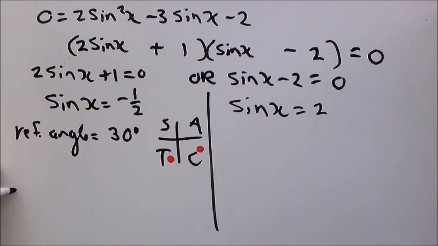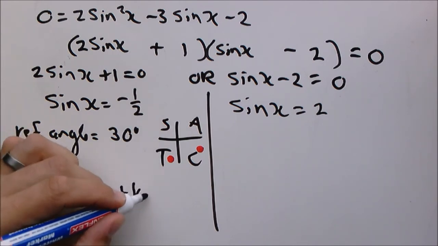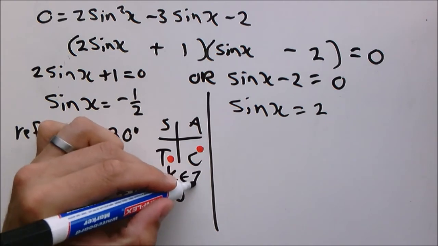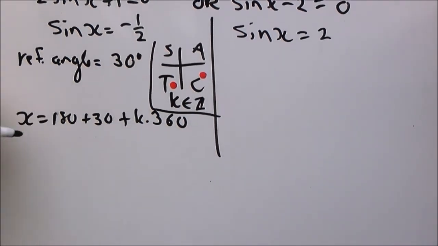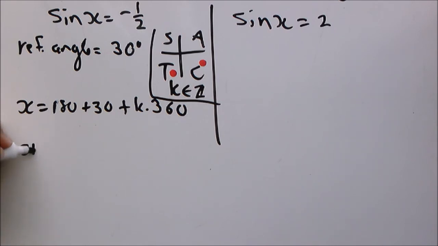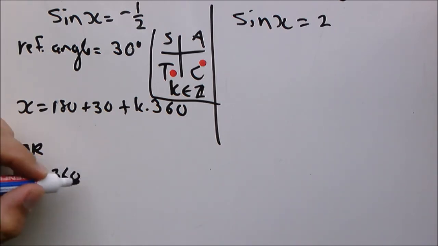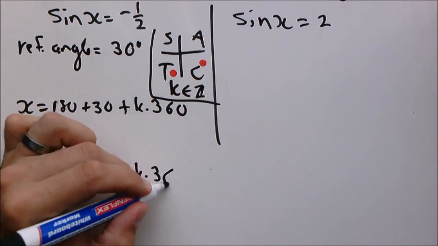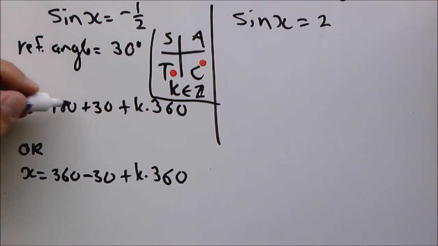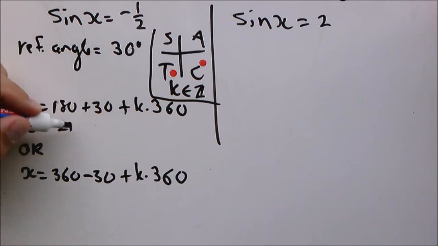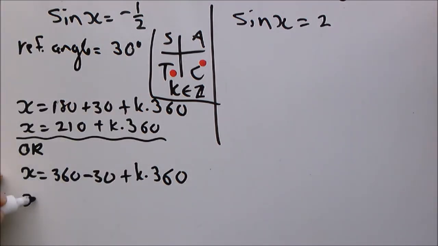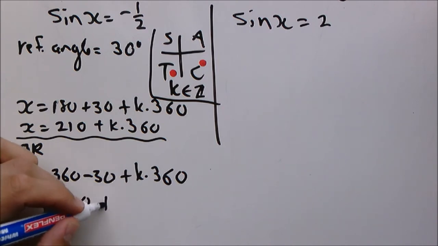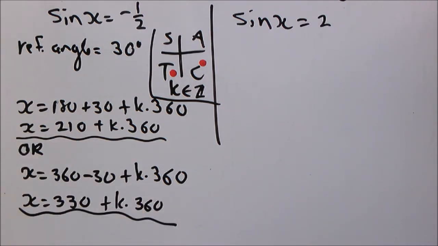First one is x equals 180 plus our reference angle plus k times 360, k element of Z. Remember to leave a space or two open and you say or x equals 360 minus our reference angle plus k times 360, and we simplify and we get this as 210 plus k times 360, and we simplify this one as well, you get 330 plus k times 360. There we have two of our general solutions.